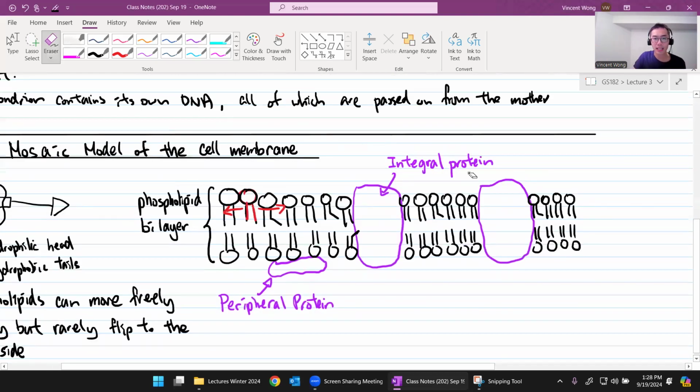Some proteins will have sugar molecules attached onto them. Okay, so these little green shapes I'm drawing, that's actually carbohydrates.